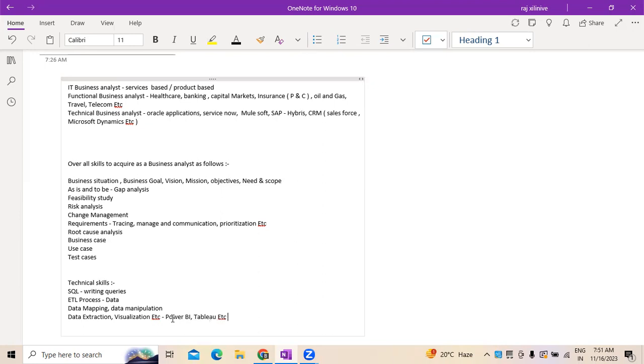All these are the different things technically that people are expecting nowadays: writing SQL queries, ETL, data processing, data manipulation, extractions, all that.